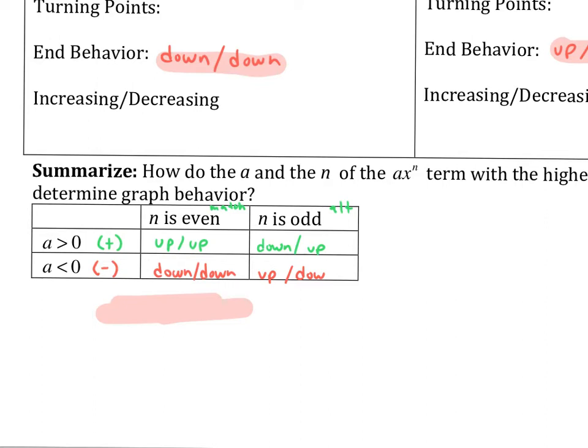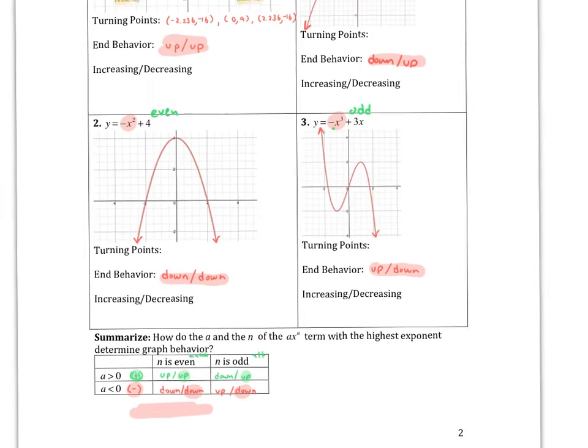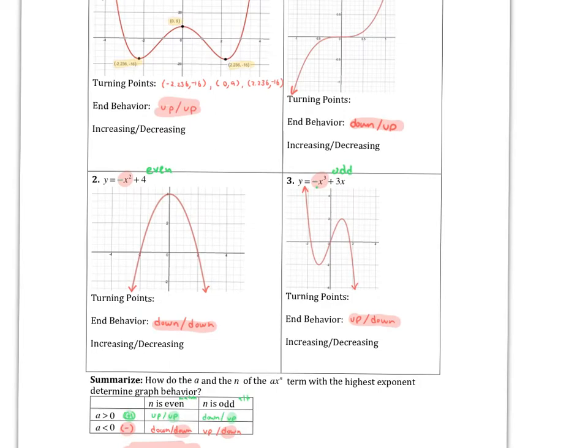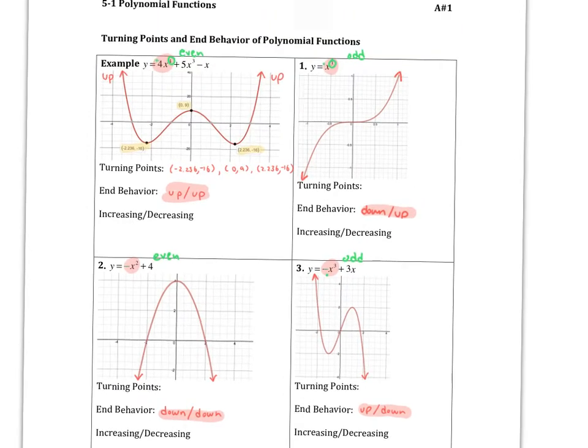Notice that the negative tells me that we're going to have down on the right, down on the right. And alternatively, whenever you have a positive coefficient, on the right is up. So hopefully that gives you some insight as you practice the next ones here.